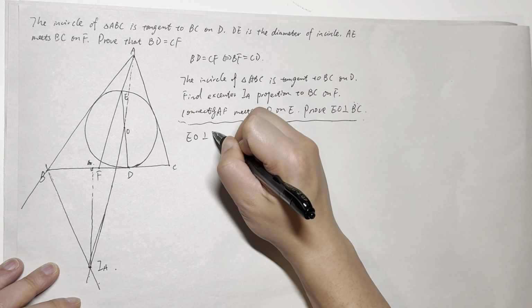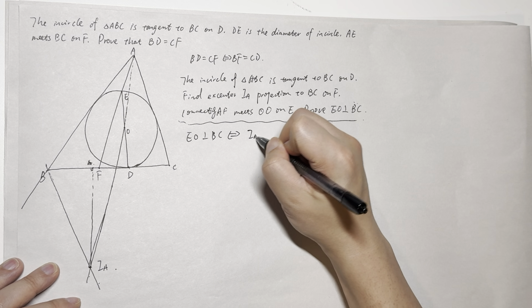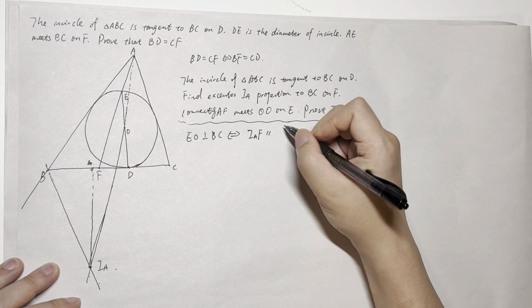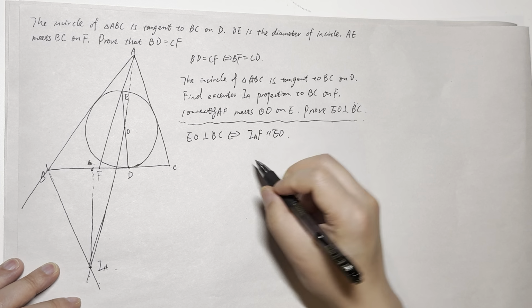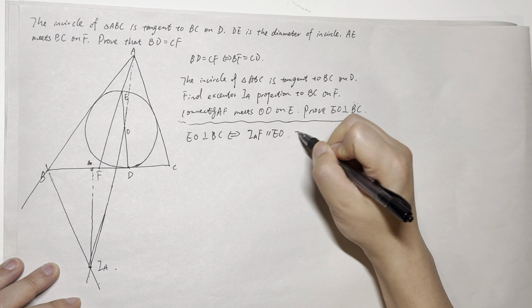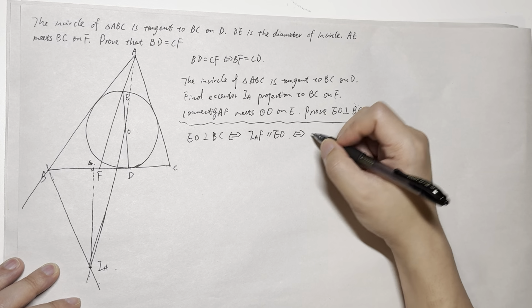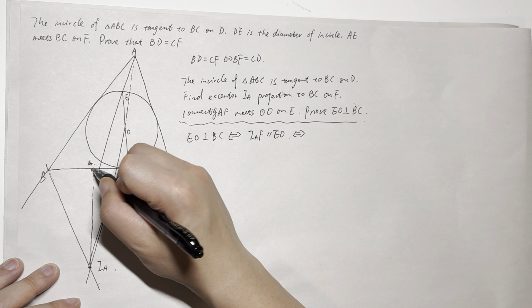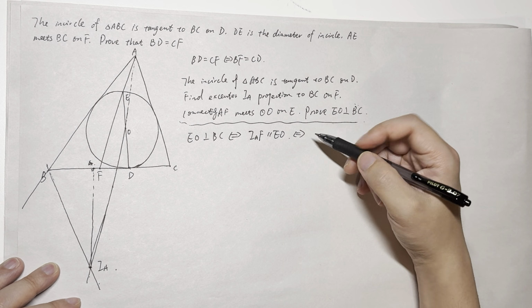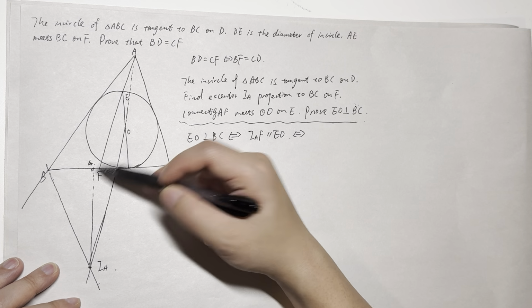So EO is perpendicular with BC is equivalent to IAF is in parallel with EO, right? Because IAF is perpendicular with BC. And IAF in parallel with EO, this point is F, right? That's the same point. Just want to make sure that you note this one.